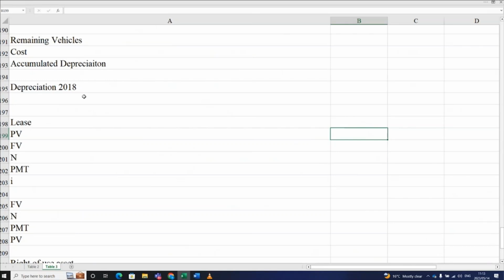All right. So we got from the question that the fair value of the asset is 1 million, and they have incurred 5,000. Okay.